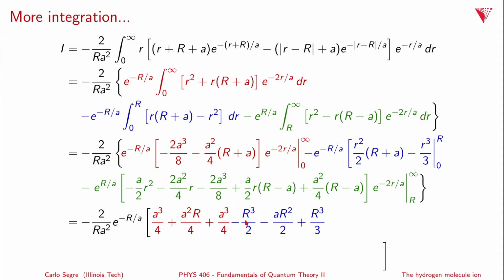From the blue terms, you get minus capital R cubed over 2 minus a capital R squared over 2 plus capital R cubed over 3. And from the green terms, you get minus a capital R squared over 2 plus a squared capital R over 2 minus a cubed over 4 plus a capital R squared over 2 minus a squared capital R over 2 plus a squared capital R over 4 minus a cubed over 4.